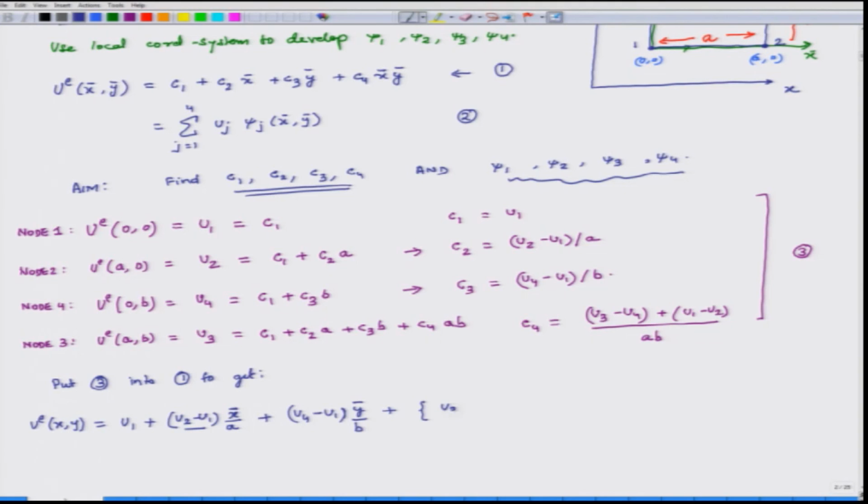So, it is U3 minus U4 plus U1 minus U2 times x bar y bar divided by AB.